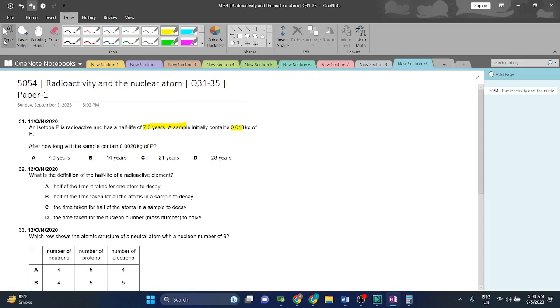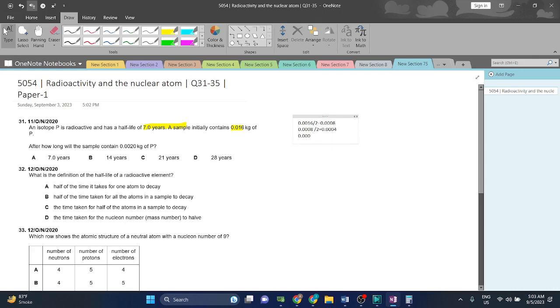0.002 kilograms? So first of all, we have to calculate how many half-lives this sample has gone through. So first we will divide 0.0016 by 2. We will get 0.008. So we divided it once by 2, and we will divide it by 2 again. We will get 0.004.